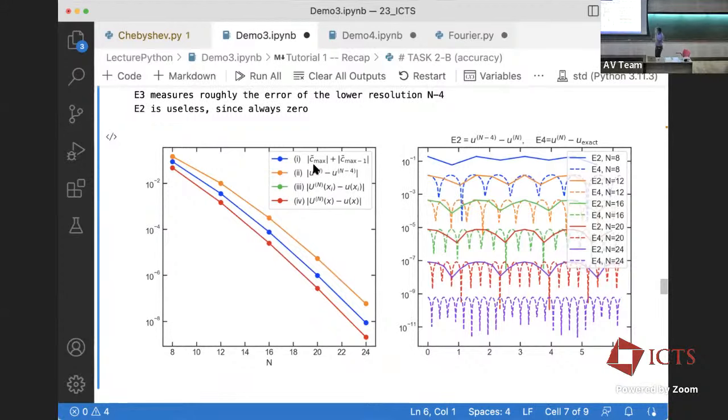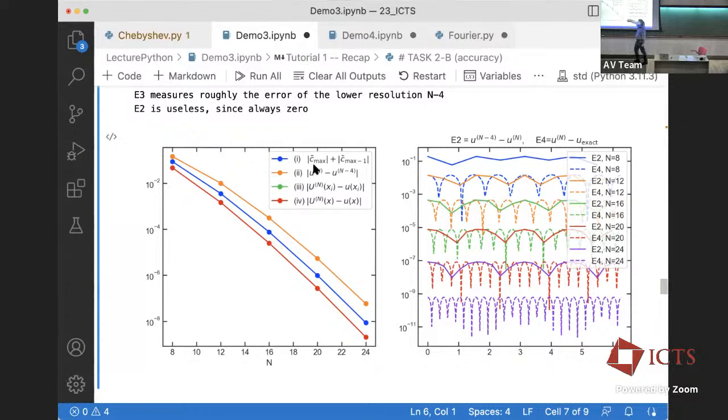So what's here on the left side is, I'm now solving the problem 5 times. And the blue curve here is this notion of I try to investigate how accurate we are by taking the highest coefficients. They happily go down, as they should. The second one is I compared solutions at 2 different resolutions.